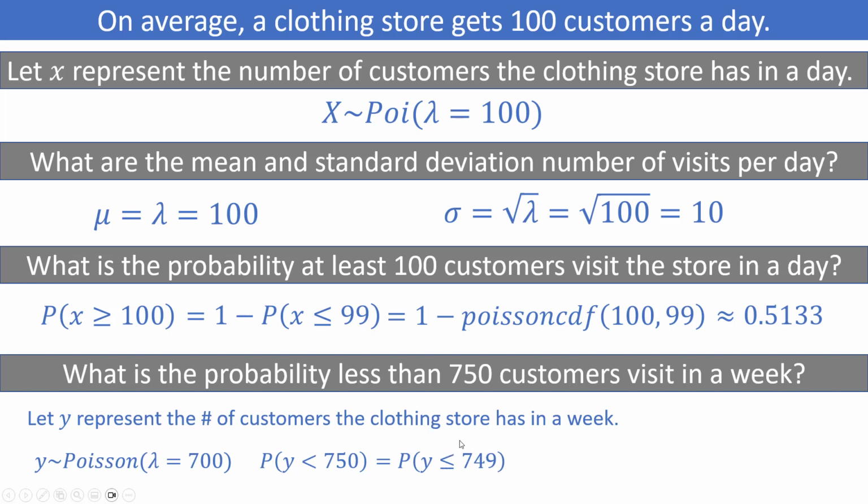We make this change so that we can use the Poisson CDF function. If we use the CDF function, plugging in 749 for the x value and 700 for lambda, you will get about 0.9683. There's about a 96.83% chance that we have less than 750 customers in a week.